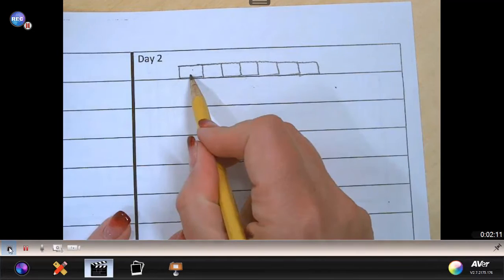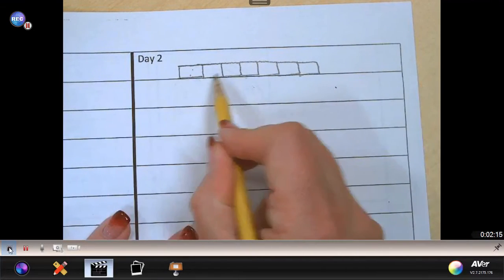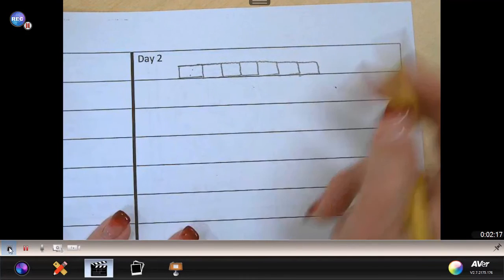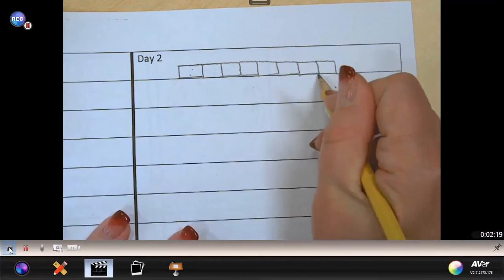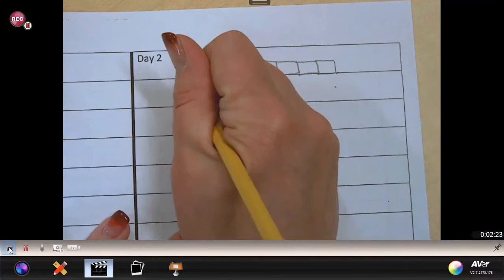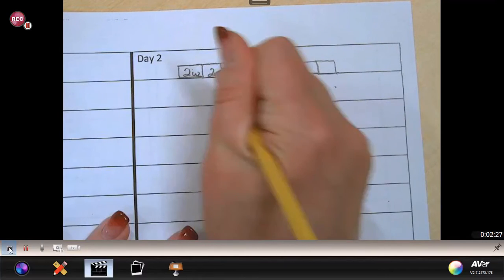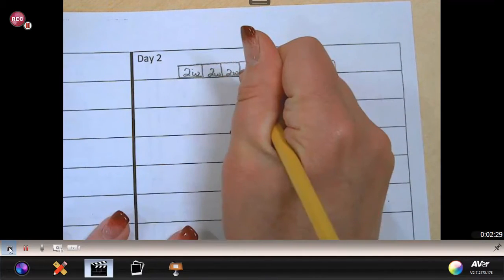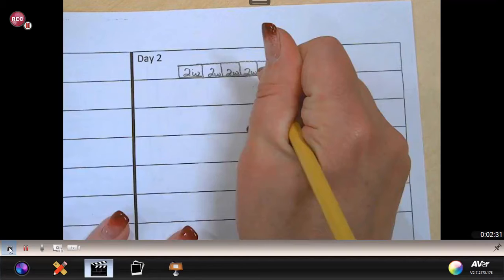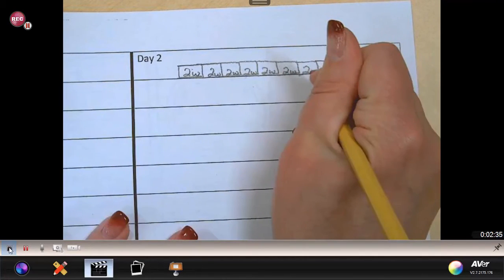So each one of these bars is representing a bicycle. So I have 1, 2, 3, 4, 5, 6, 7, 8 bicycles. And on each one of these bicycles are 2 wheels. So I'm just going to put a 2W in here to show that there are 2 wheels on each bicycle. The W stands for wheels.